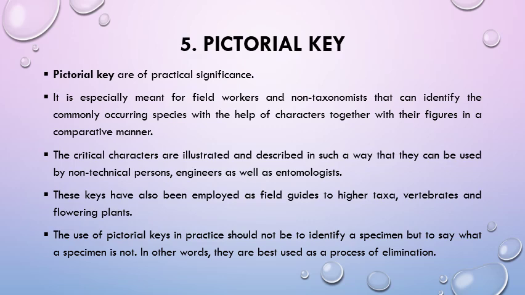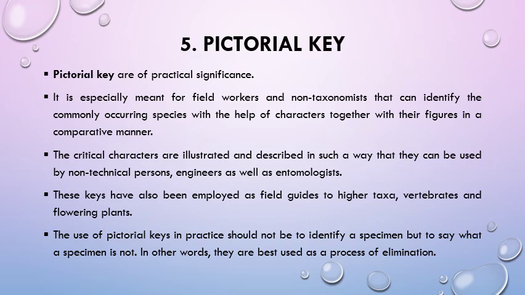The critical characters are illustrated and described in such a way that they can be used by non-technical persons, engineers, as well as entomologists. These keys have also been employed as field guides to higher taxa, vertebrates, and flowering plants. Means we can use these keys also for the identification of higher taxa, vertebrates, and other flowering plants.